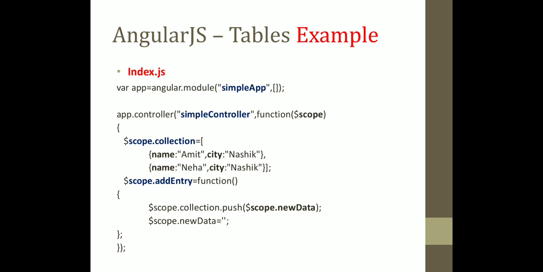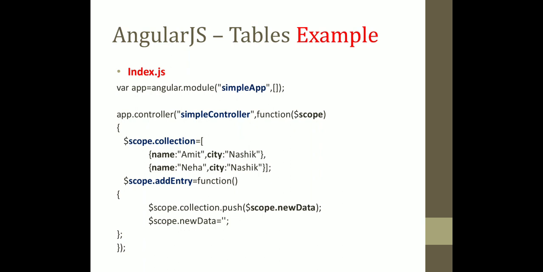Now the function is open. $scope.collection.push, which is having parameter as $scope.newData, for entering the new data. See here we have used two entries, right?